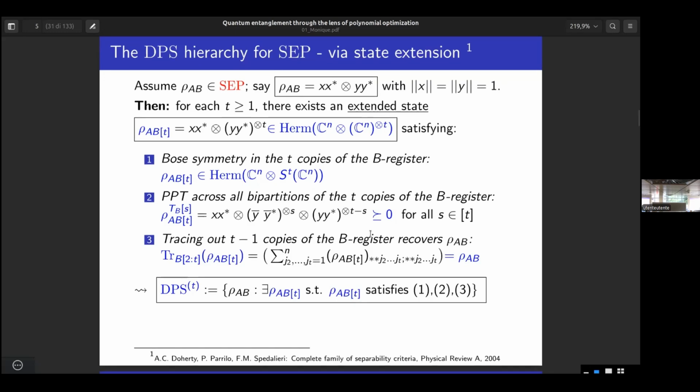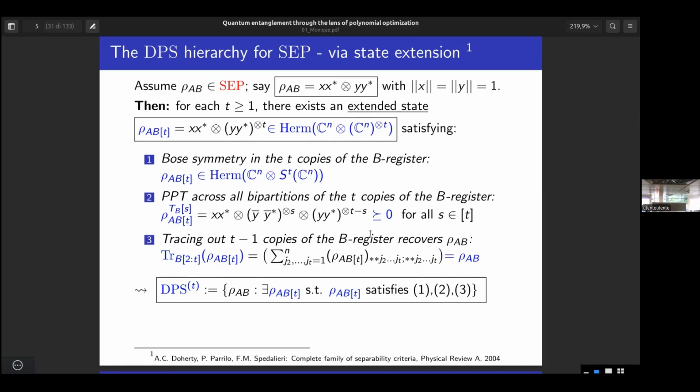And finally, if you trace out t minus 1 copies of the B register, then you get again a bipartite state, and you want to recover the original state. You have your big state, which has a block diagonal form, and taking the partial trace amounts to taking the sum of the block diagonal blocks.